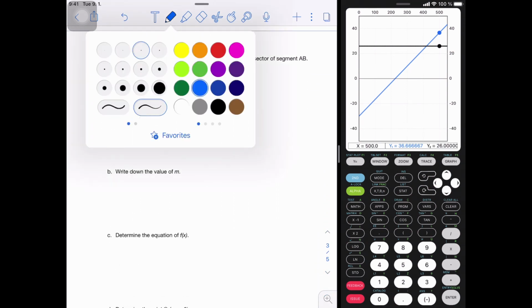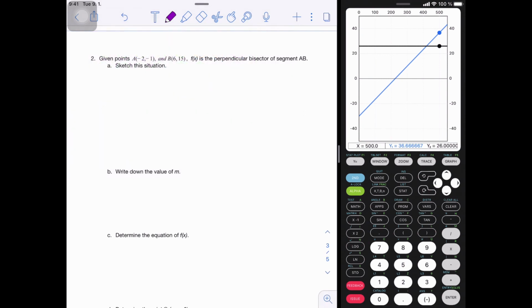Switching now to question 2. This is more algebraic in nature, or more functional in sense. So now we're given, I want to make a sketch of this situation, where A is (-2, -1). Here's A, (-2, -1). And B is (6, 15). So here is B, (6, 15).